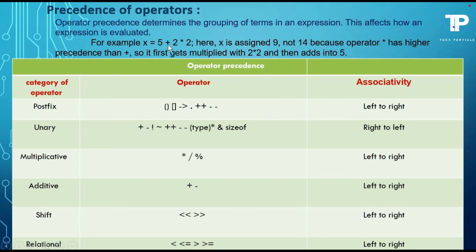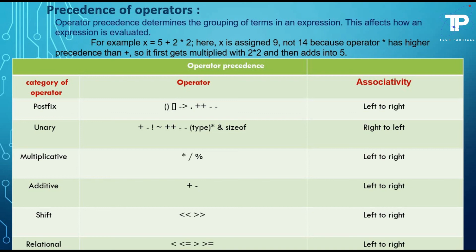Normally, without considering precedence, 5 plus 2 would be 7 and 7 times 2 would be 14. So we will get 14, but 14 is not the right answer. So we define precedence of operators. Due to this, the multiplication operator is given higher precedence than the addition operator, so the result obtained would be 9, which is right.